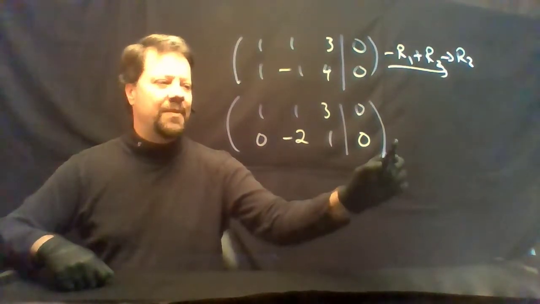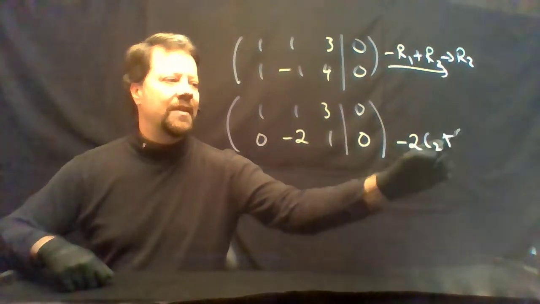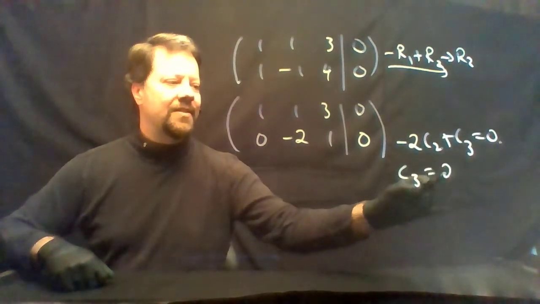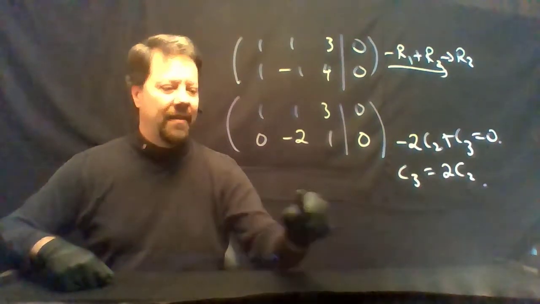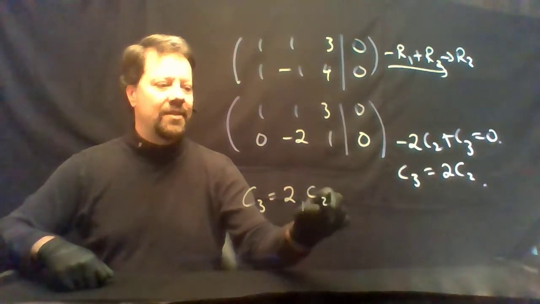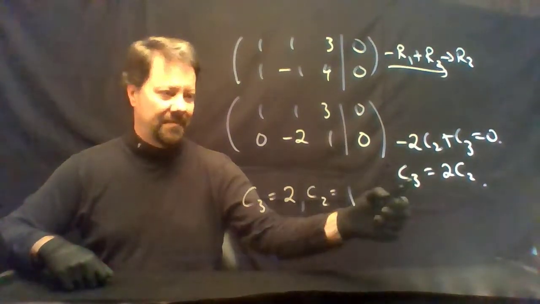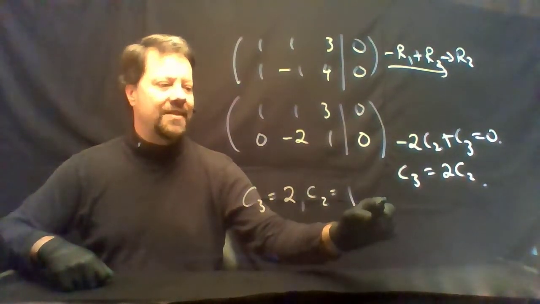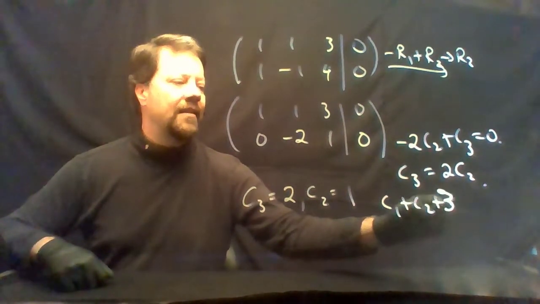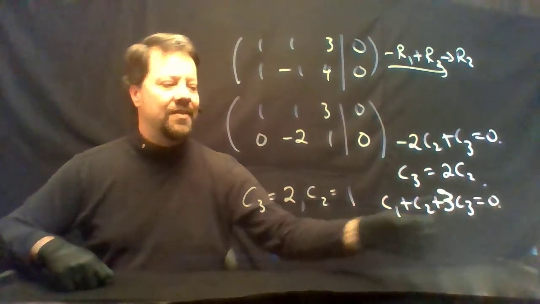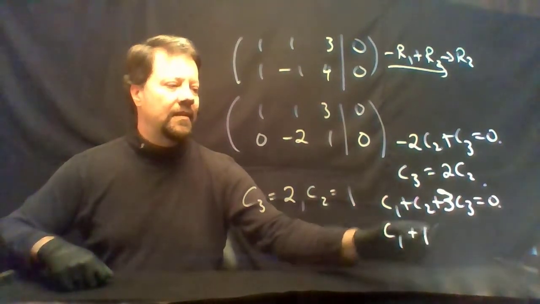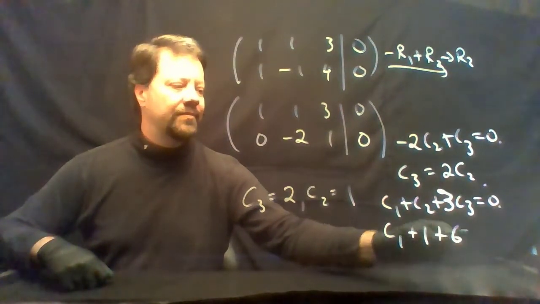The last equation represents minus 2c2 plus c3 equals 0, or c3 is twice c2. If we set c3 equal to 2, then c2 equals 1. The first row represents the equation c1 plus c2 plus 3c3 is 0, but we've already chosen c2 to be 1 and c3 to be 2.